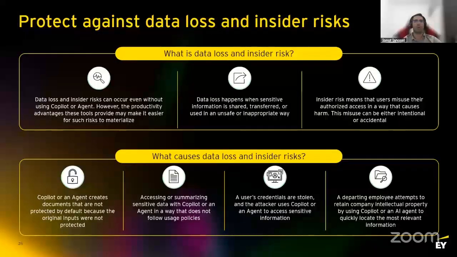For example, an employee might download confidential files before leaving the company or share sensitive data through AI prompts without realizing the consequences. Why does this happen? Gen AI tools like Copilot are very powerful, but they rely on the data that they can access, right? So if the original documents are not well protected, AI can summarize or expose sensitive content.